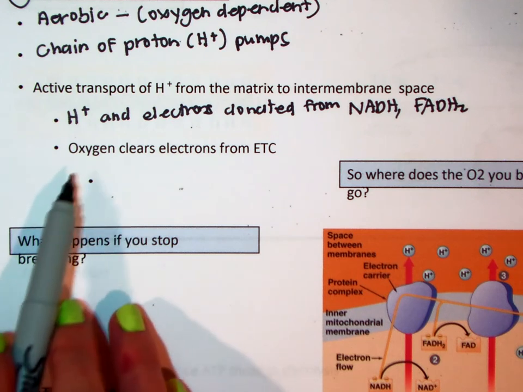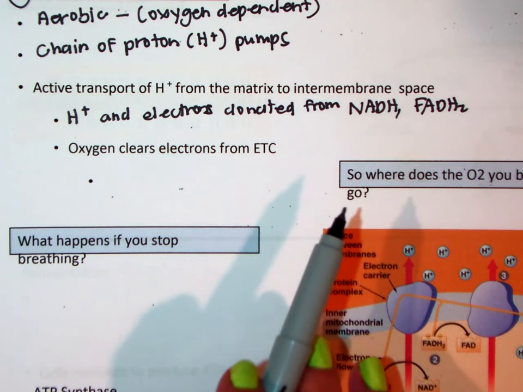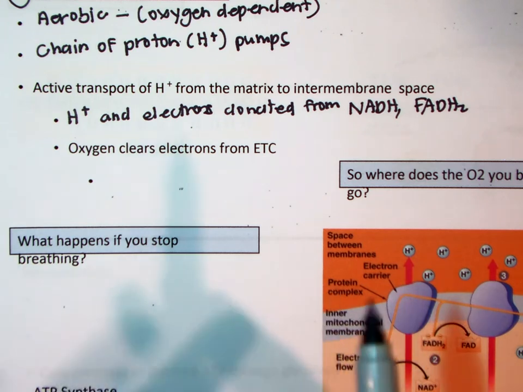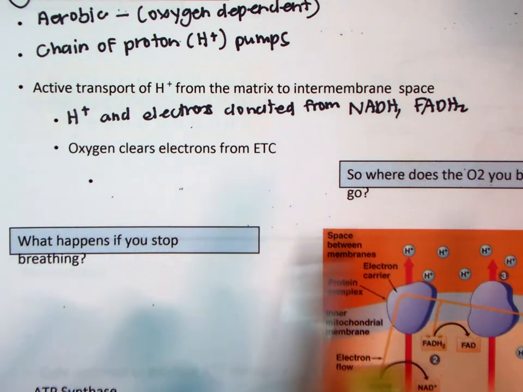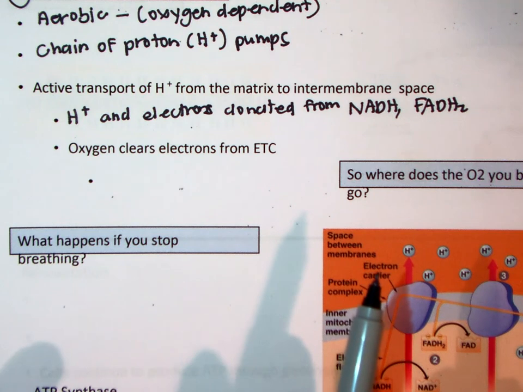We need oxygen as a final electron acceptor for this reaction. It's going to clear electrons, pull them out from the electron transport chain so this thing can keep going. Okay, without oxygen, all these electrons, everything would get backed up. You wouldn't be able to make any more ATP. And then guess what? You would die.